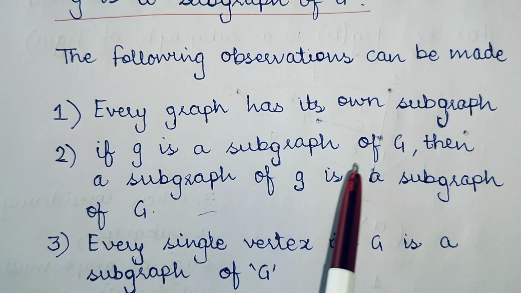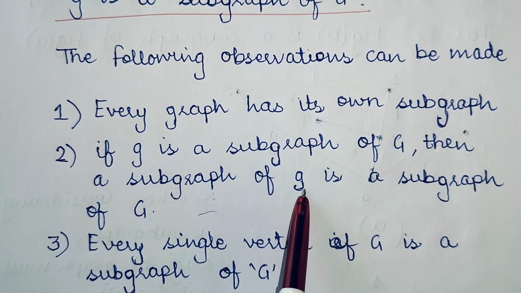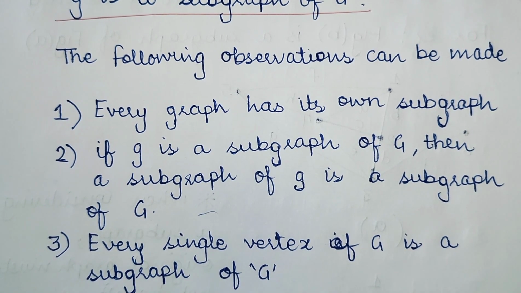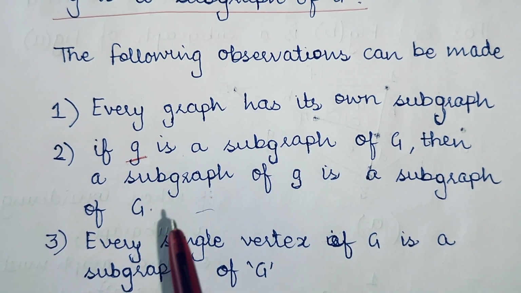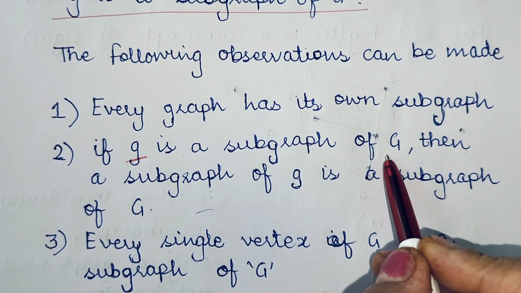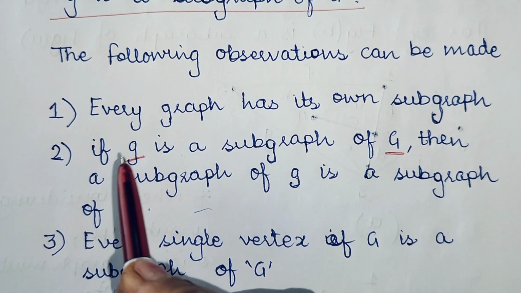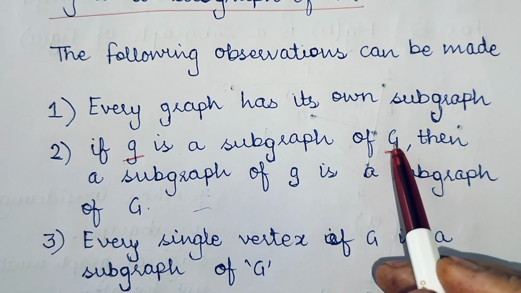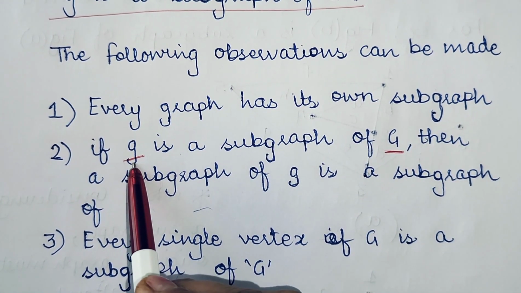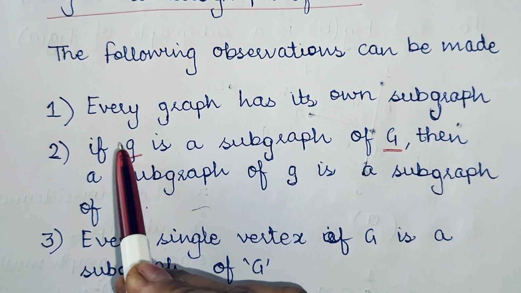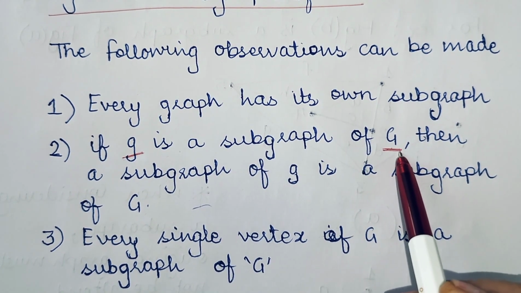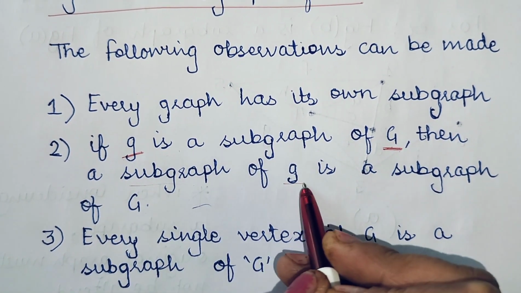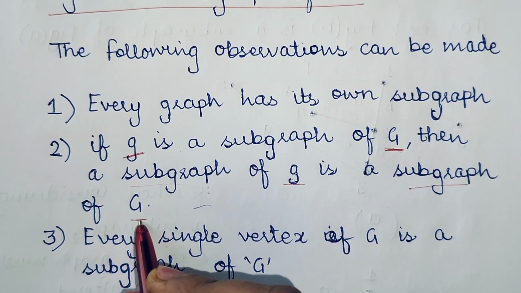If small g is a subgraph of capital G, then a subgraph of small g is also a subgraph of capital G. That means if there is any subgraph of this small g, then obviously that subgraph will also be a subgraph of this capital G, because it is contained in small g, which is contained in capital G. So if a graph is contained in small g, then it is quite obvious that that graph will be contained in capital G.